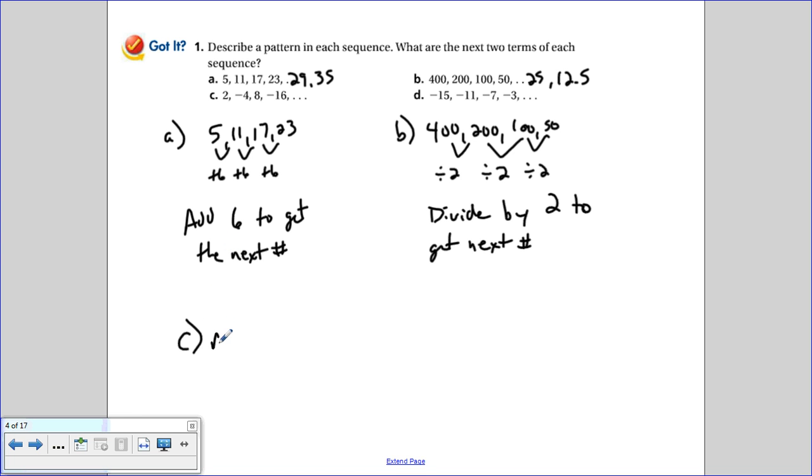For C, the answer is we are multiplying by -2 to get the next number. And for this one, we are adding 4 to get the next number. Your next numbers here, this would be 32 and then negative 64. Here, it would be 1 and then 5.